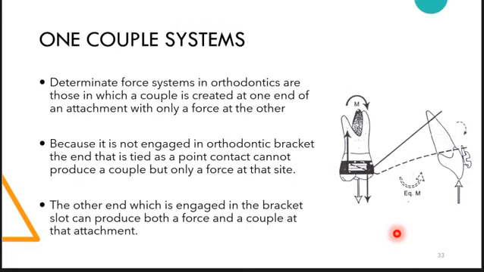In orthodontic applications, one couple systems are found when two conditions are met. A cantilever spring or auxiliary arch wire is placed into a bracket or tube and typically attaches to a tooth or teeth that are part of a stabilized segment. The other end of the cantilever spring or auxiliary arch wire is tied to a tooth or a group of teeth that are to be moved, with a single point of force application.